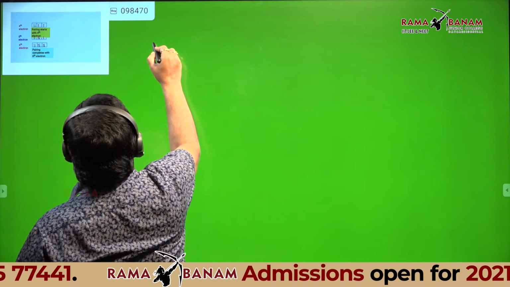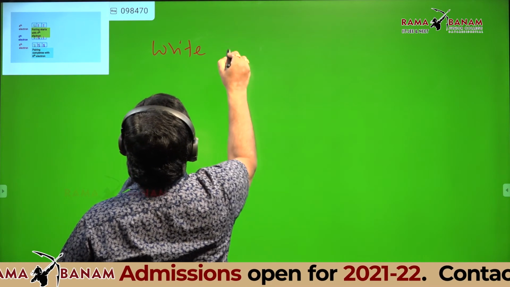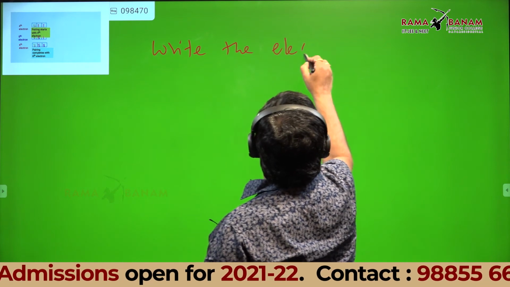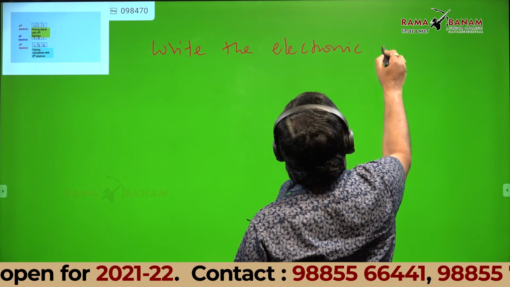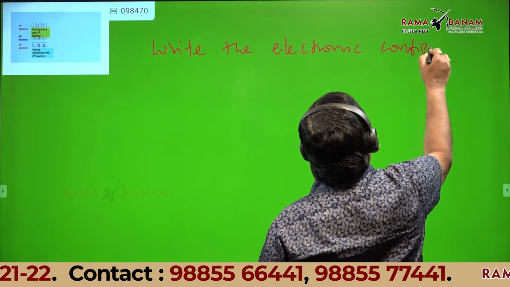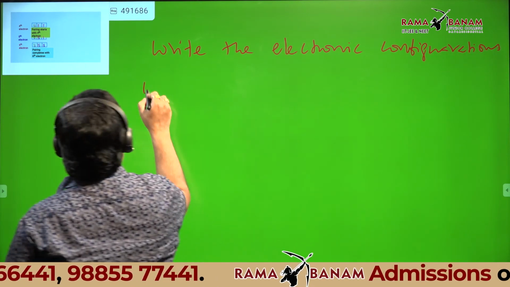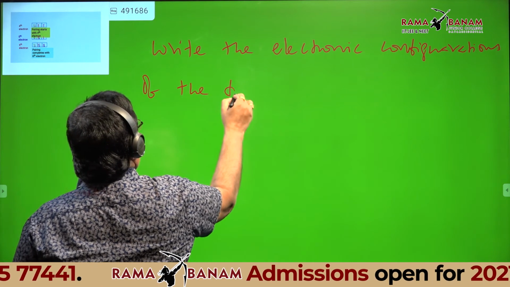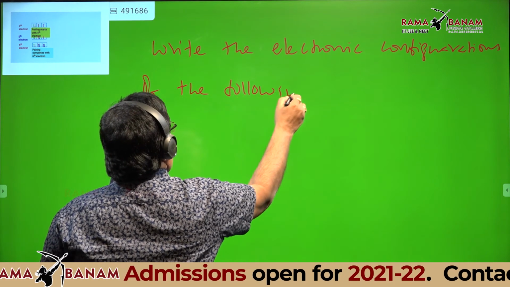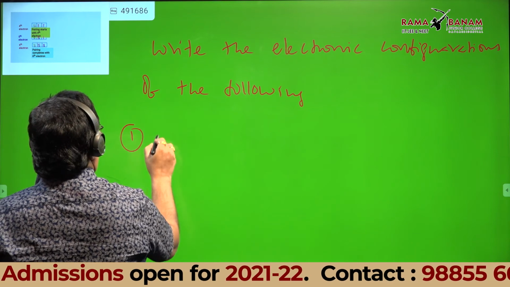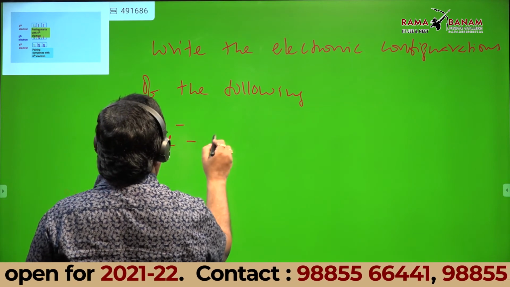Write the electronic configurations of the following. First one, Cl minus, chloride ion.